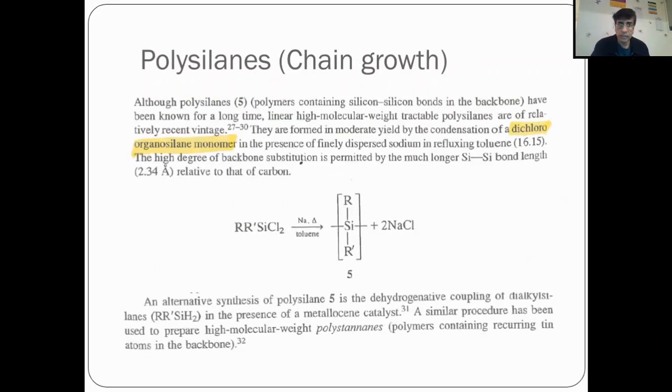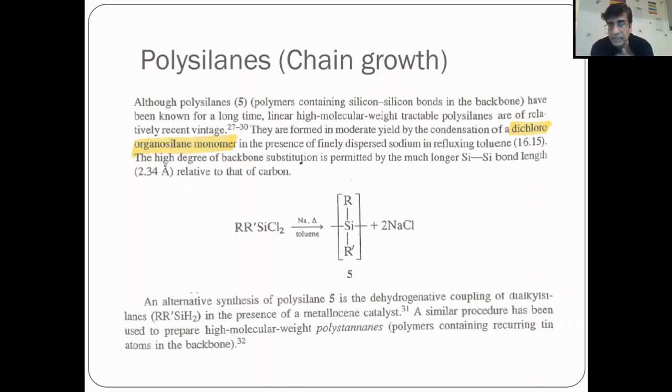Now move on to the next one, which is polysilane. I will go a little bit faster now. This polymer is produced by chain growth. The previous one, polysiloxane, is different, so this is the basic difference from the mechanistic point of view. I don't have a chance here to show the mechanism, that's why I'm avoiding it. But the difference between polysilane production and polysiloxane production is that one is produced by step growth condensation reaction, and this is produced by chain growth condensation reaction.